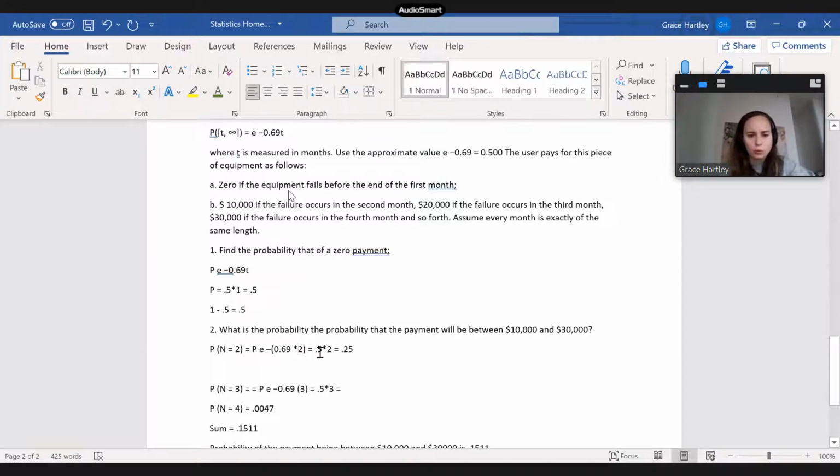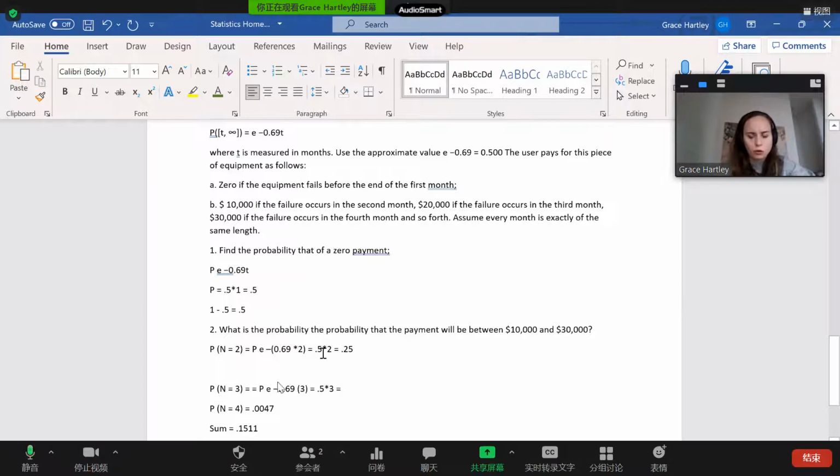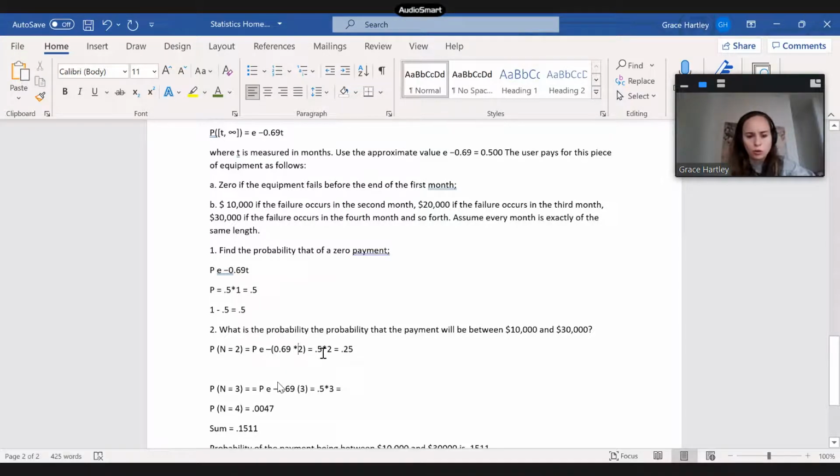Yeah, it's 0.69 times 2, and the whole thing is the exponent on the e. It's e to the power of this thing. It's not e minus 0.69t. It's e to the power of minus 0.69t.